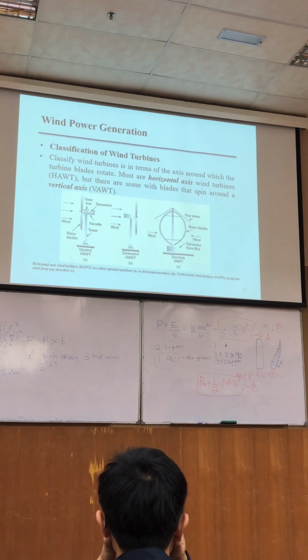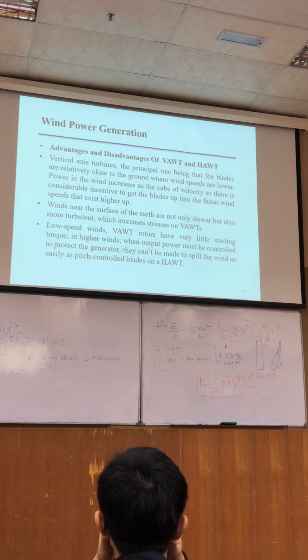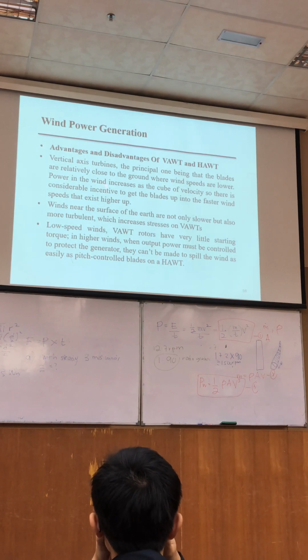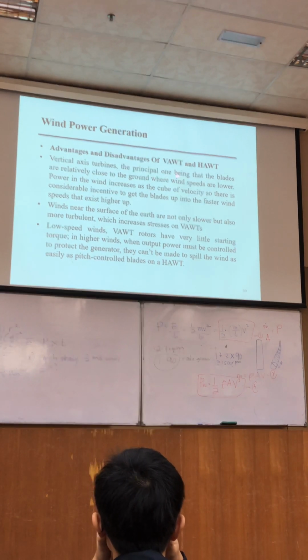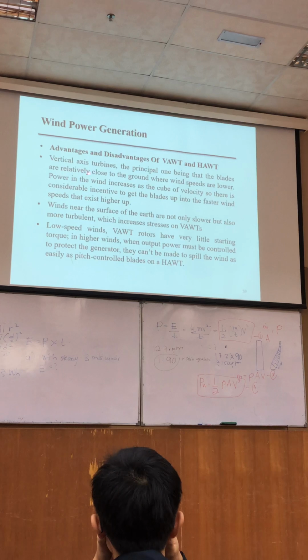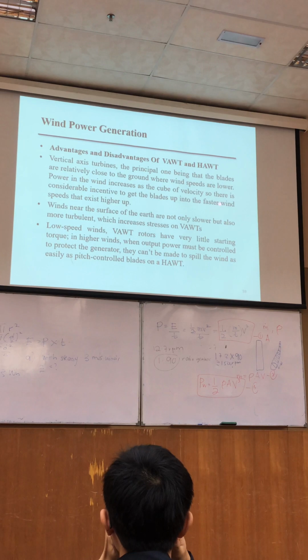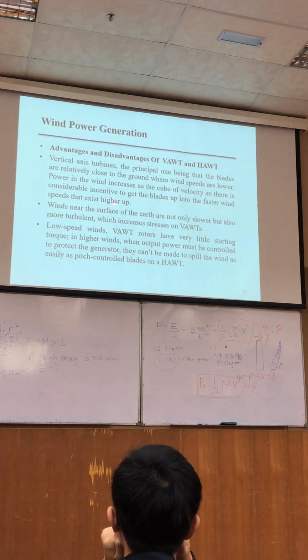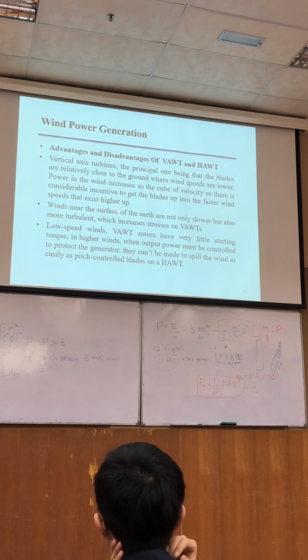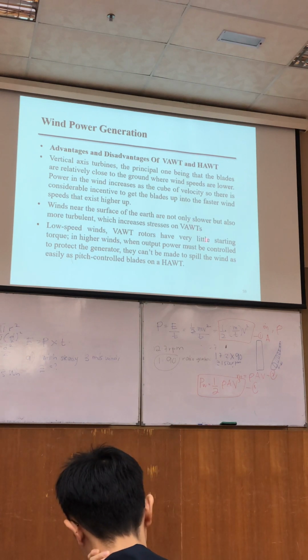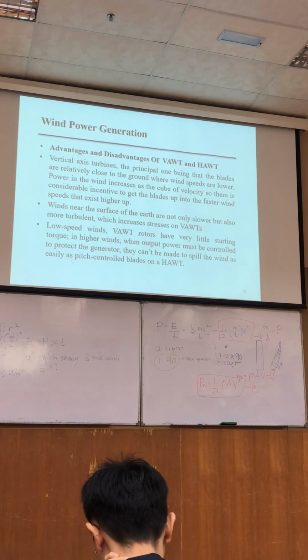So the next thing is this one. Vertical axis turbine. The principle one being that the blades are relatively close to the ground where wind speeds are lower. Okay? Power in the wind increases with the cube of velocity, so there is considerable incentive to get the blades up into the faster wind speeds that are higher up. Winds near the surface of the earth are not only slower, but also more turbulent.